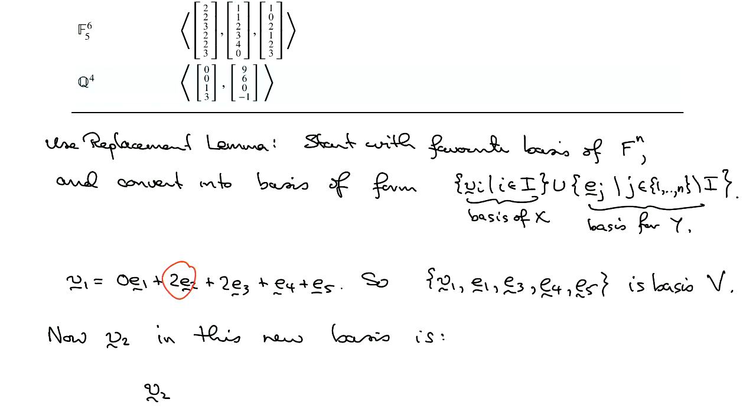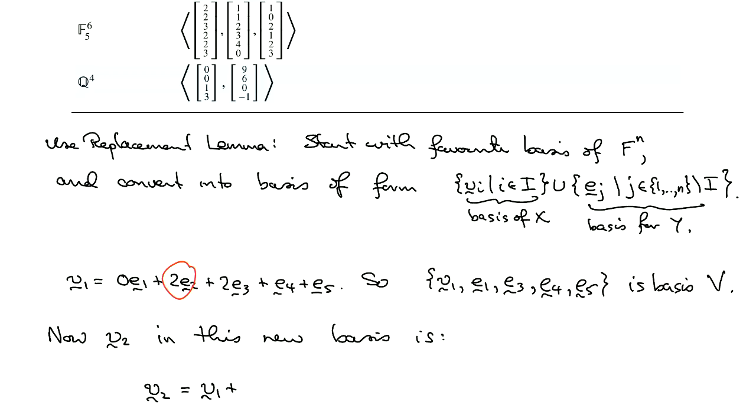So V2 has to be 1 times V1, because it's got the same 2 in there, and then the rest is just what it has to be. So by looking at the second component, I know that it has to equal V1 plus, what do I have to do to V1 to make it all work? I'm using just E1, E3, E4 and E5.